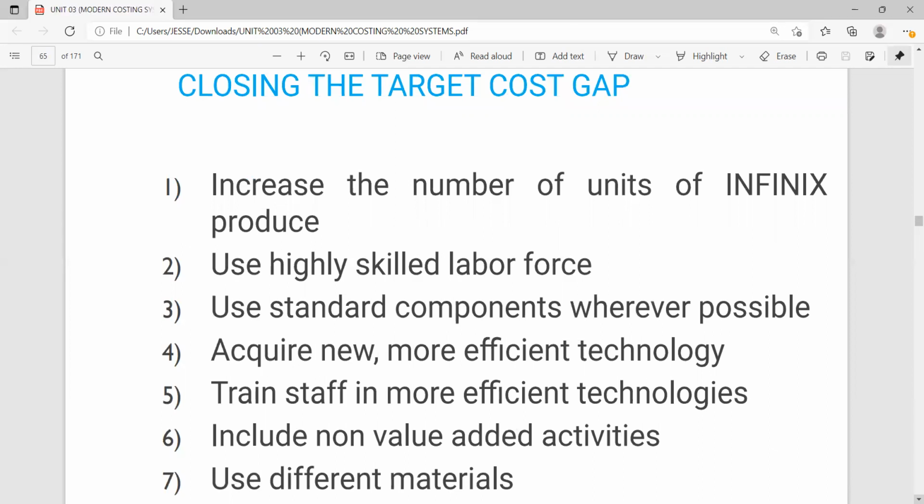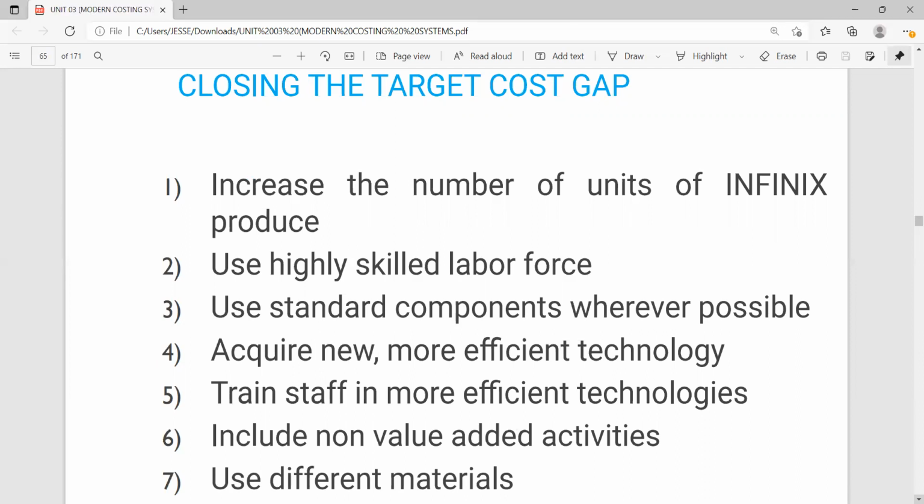So you look at your materials, your labor, your systems, your technology. For instance, number 2, use a highly skilled labor force. Labor force is a resource, an input, and it is likely to lead to efficiencies.